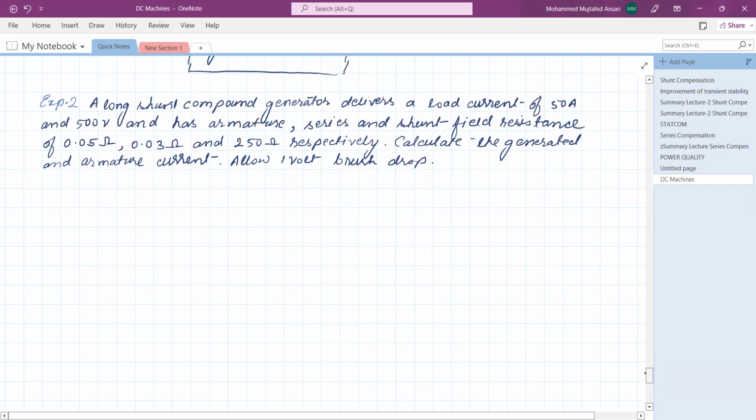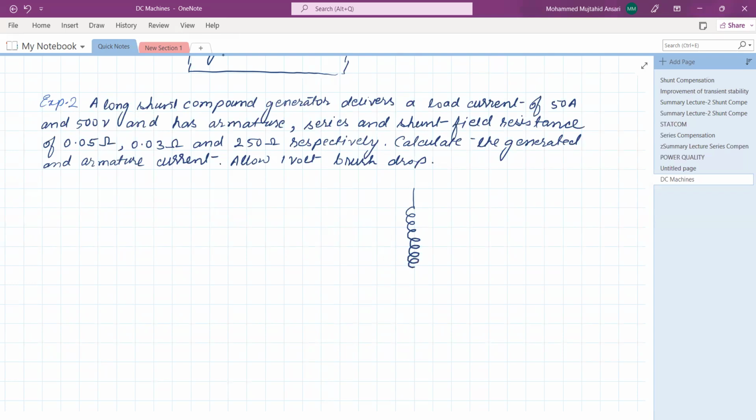a long shunt compound generator delivers a load current of 50 ampere. Means first is a long shunt. Long shunt means the field winding encloses the armature winding. So armature and series field winding.